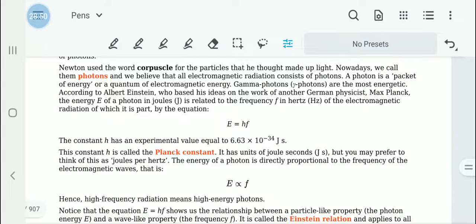The amount of energy of a photon is equal to E equals hf. h is known as the Planck constant and has a value of 6.63 into 10 to the power minus 34 joule seconds.